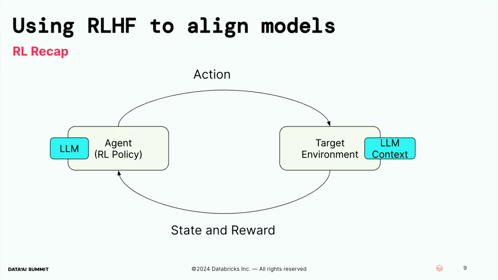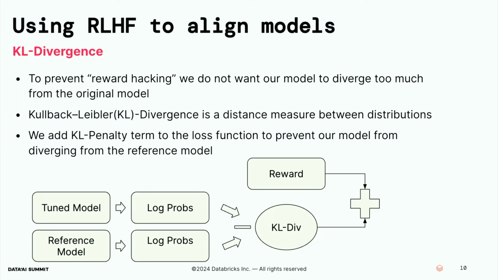So our agent is going to be the actual large language model, which is going to generate the text. And our target environment, let's call it LLM context, is going to have the question and everything we have generated. So the agent is going to take an action, so generate text, and then we get a reward by using the reward model.